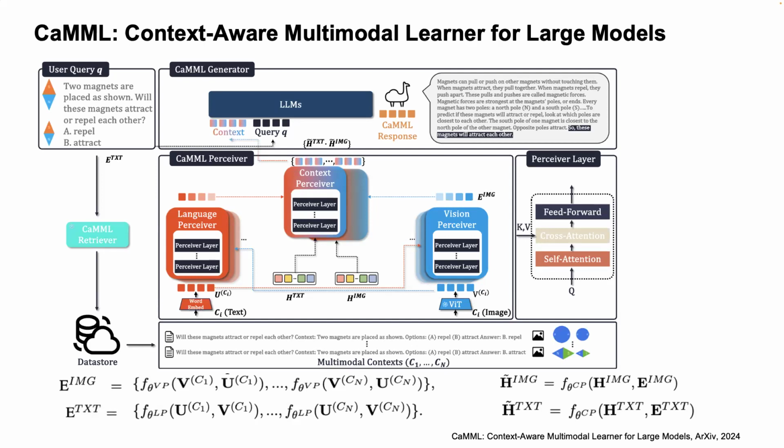First, we have a question, for example from ScienceQA: when two magnets are placed as shown, will these magnets attract or repel each other? You can see that the image is very important to answer this question. That's why it gives a reason for developing a multimodal LLM.